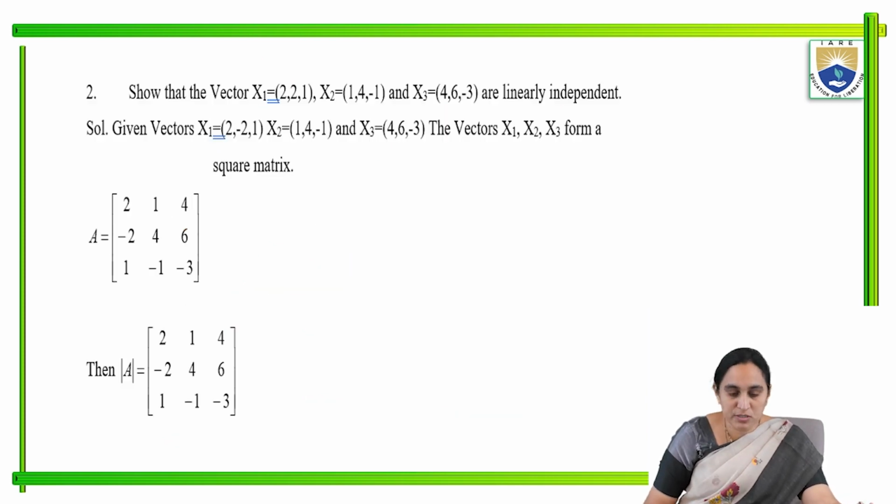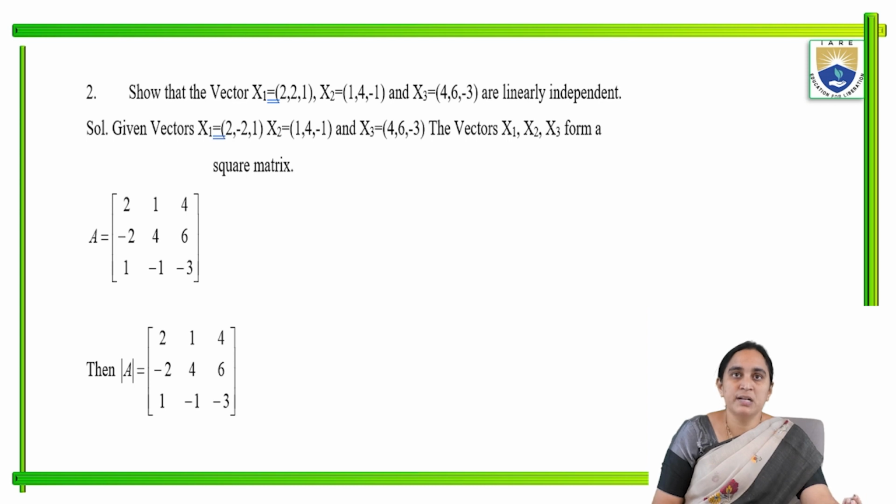Similarly, one more question. Show that the vectors x1 = (2, -2, 1), x2 = (1, 4, -1), and x3 = (4, 6, -3) are linearly independent. We have to follow the same concept for this also.